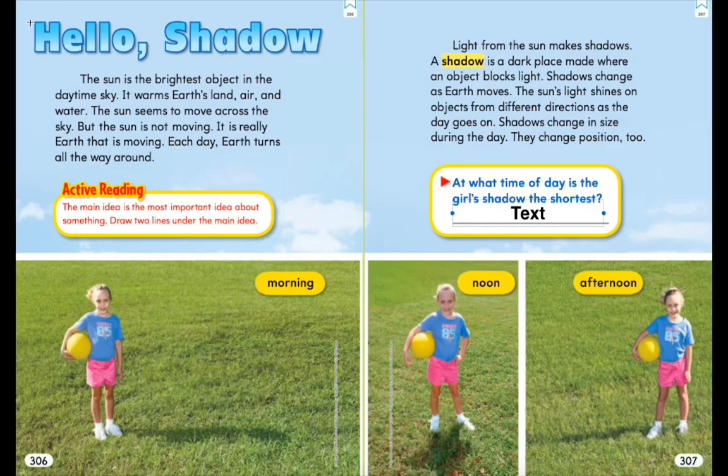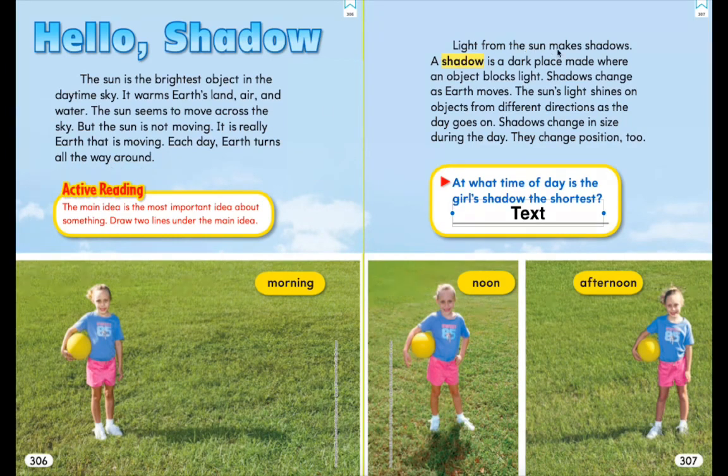So, shadow. The sun is the brightest object in the daytime sky. It warms Earth's land, air, and water. The sun seems to move across the sky, but the sun is not moving. It is really Earth that is moving. Each day, Earth turns all the way around.